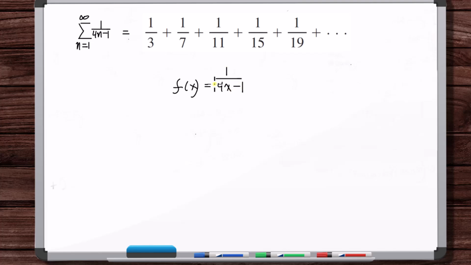So this is always positive from 1 to infinity. This is always continuous from 1 to infinity. And it's always decreasing as well. The denominator always gets bigger and bigger as x increases. So we can apply the integral test. We start at 1 here to infinity.